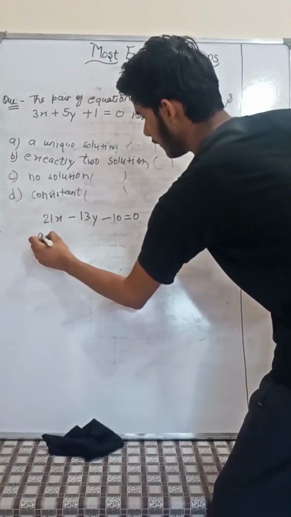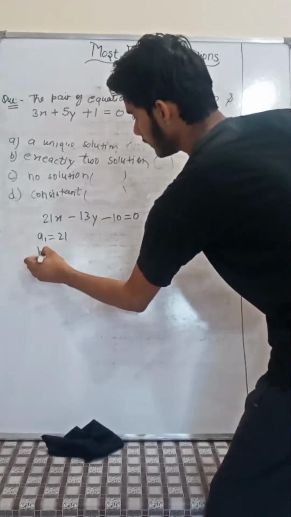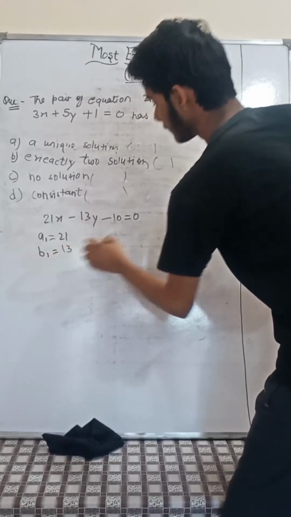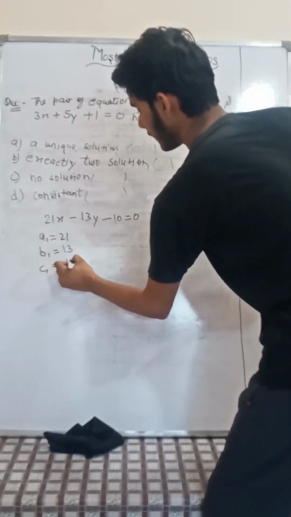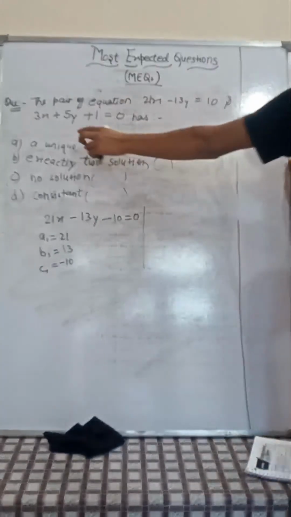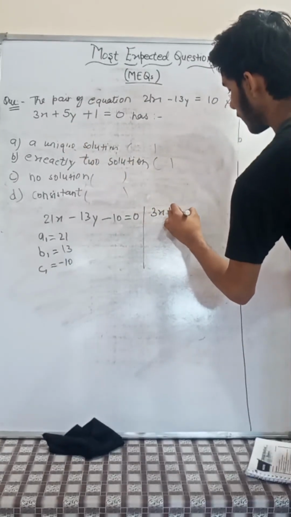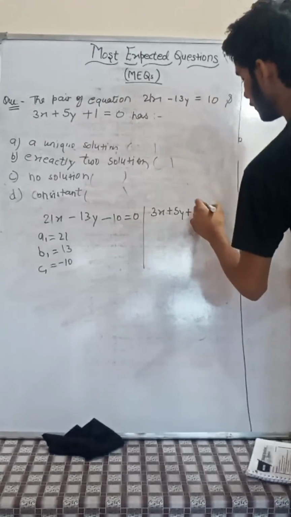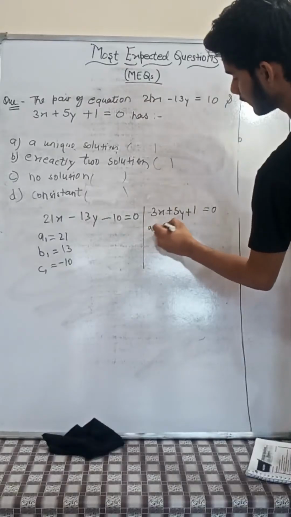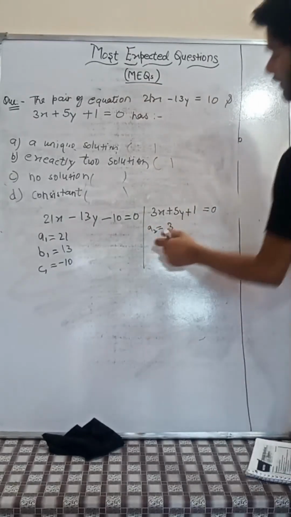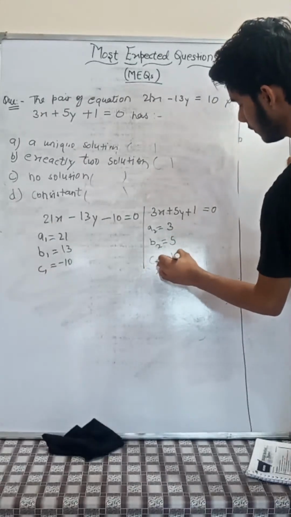Here the value of a1 is 21, b1 is minus 13, c1 is minus 10. The second equation is 3x plus 5y plus 1 equals 0. Here a2 is 3, b2 is 5, c2 is 1.